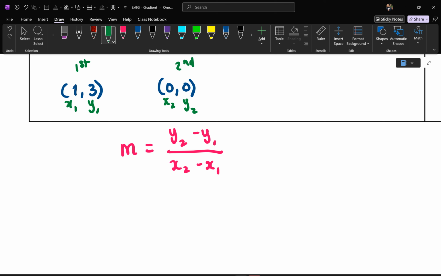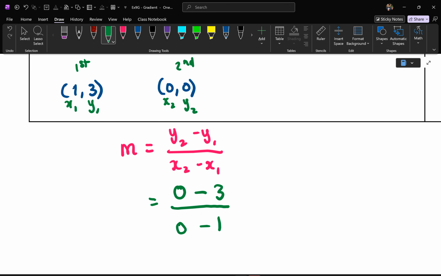But for whatever reason, sometimes a student puts a 1, puts a 3. But literally, the way I've labeled it right now, y2 is 0. So what you should actually write is 0, take away, and which one's y1? 3. So look at it, y1 is 3. So you then say 0, take away 3, divided by 0, take away 1. Very good.